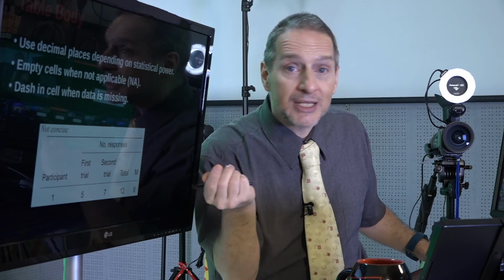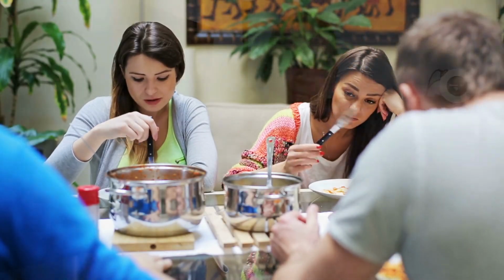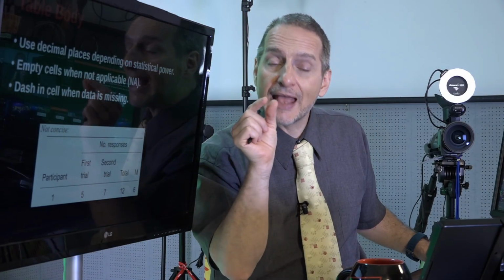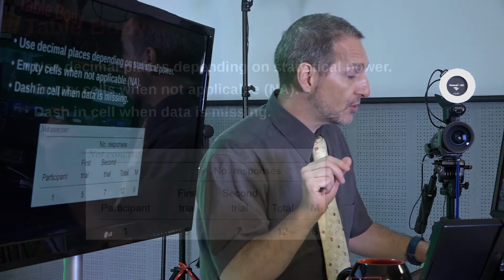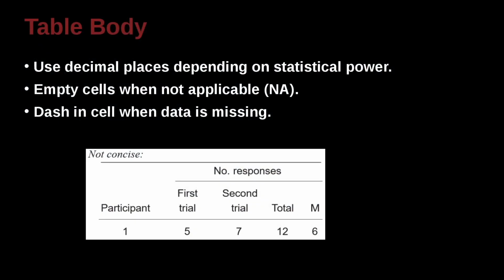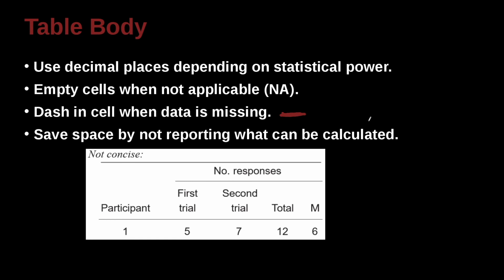Maybe nobody did it, nobody answered that question, nobody performed that activity. But that cell is not empty, it's just lacking data, missing data basically. So if you're missing data, then you do not leave it empty. Rather, you use a dash inside that cell, and that symbolizes the data is missing.